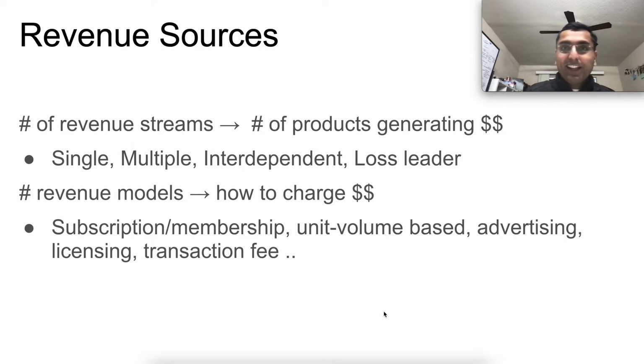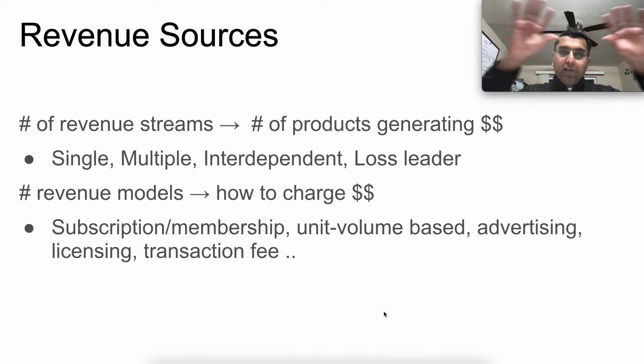You pay upfront and then you get the service. Unit volume based: if you're a restaurant business, then you pay based on the number of items that you order. Advertising based, licensing based. Like if you are selling something that is patented, then you need to have a license to sell some of those. Transaction fee based, like brokerages. So there's different types of revenue models as to how you charge.